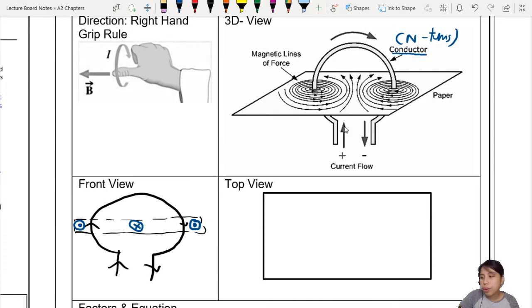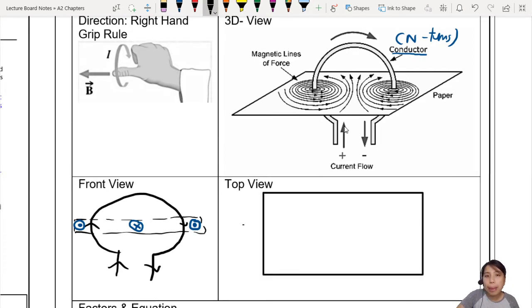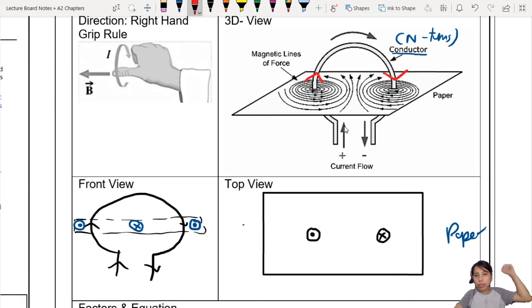Now the top view will look something like this if we are looking at the paper from the top. This is our paper. You have your wire going out of the page here, and the other one is going into the page. How to see? Out, in, out of paper, into paper. So you have to draw the loops kind of similar like this. So it's going to look like that.